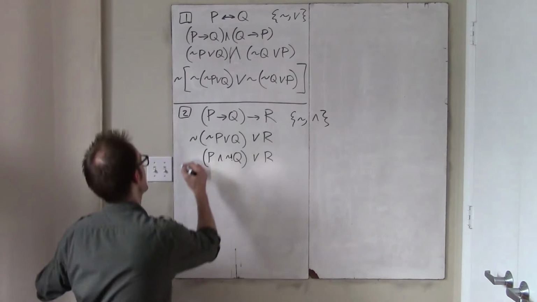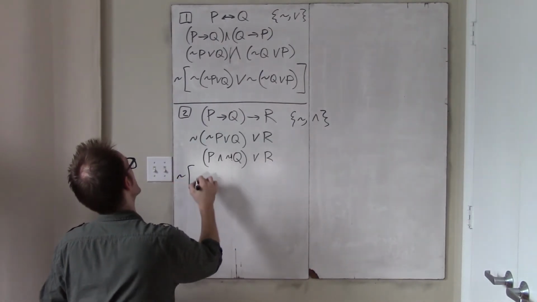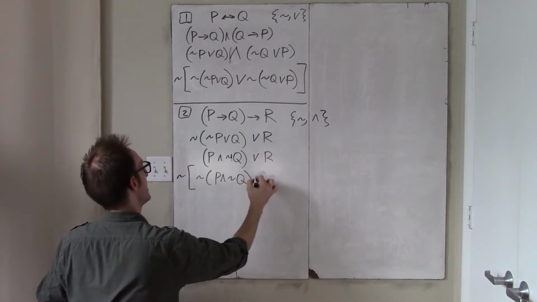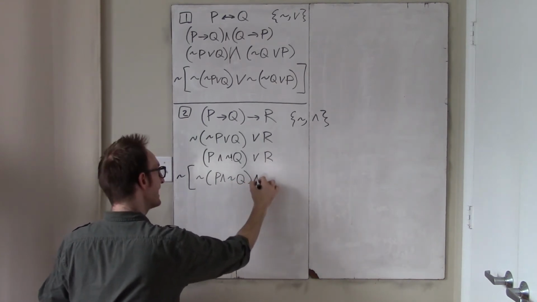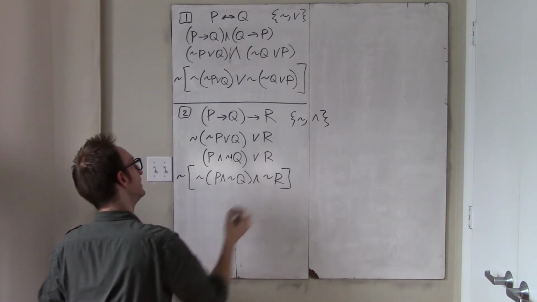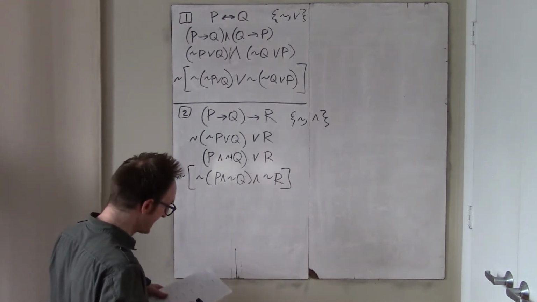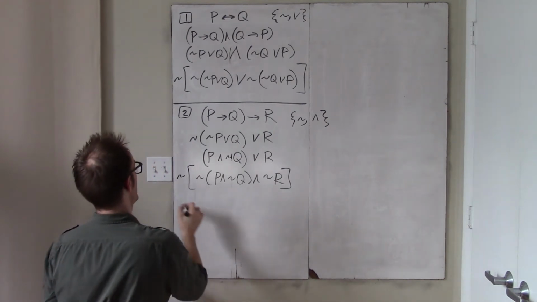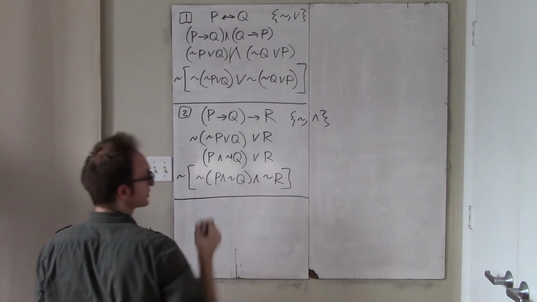Well, that's just the same thing as not (not P and not Q) and not R. Okay, I mean, this is really a lot like the Boolean logic stuff that you did, but in some ways this is less efficient.